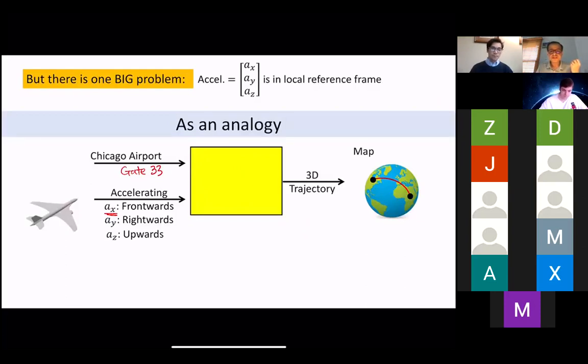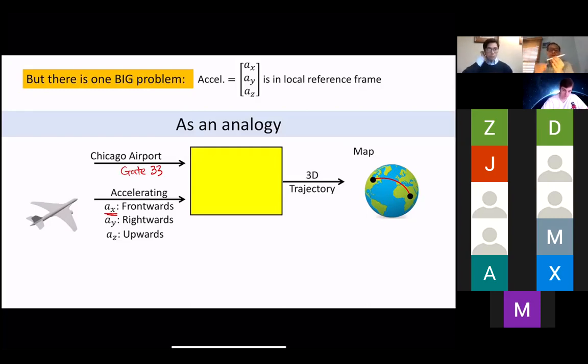Anyone else? Like the reference frame is different? The reference frame is different. You need to make sure that the plane is pointed towards the north, so that if you know that the plane's nose is pointed towards north, then you know what these x-axis, y-axis, z-axis accelerations mean in the global coordinate frame on the Chicago airport's map.